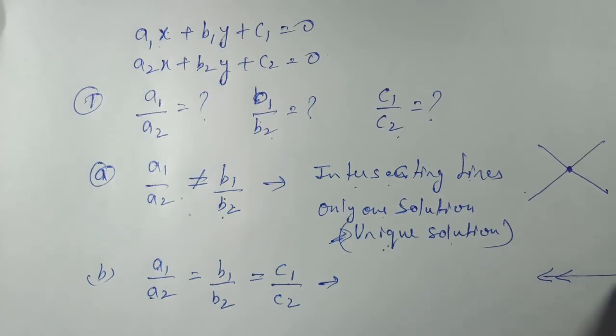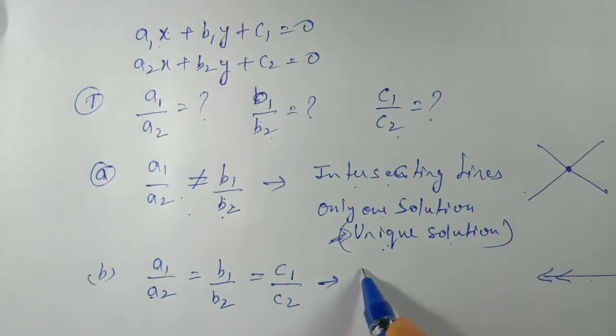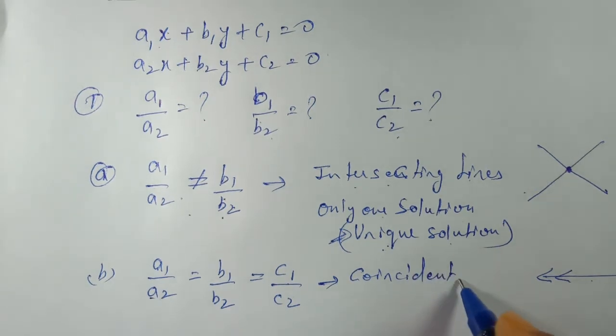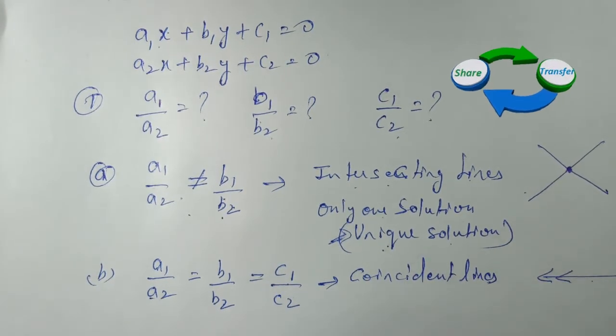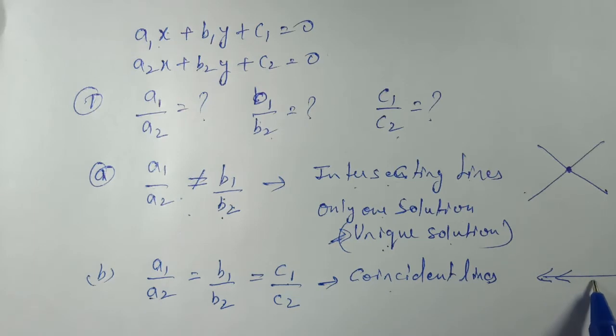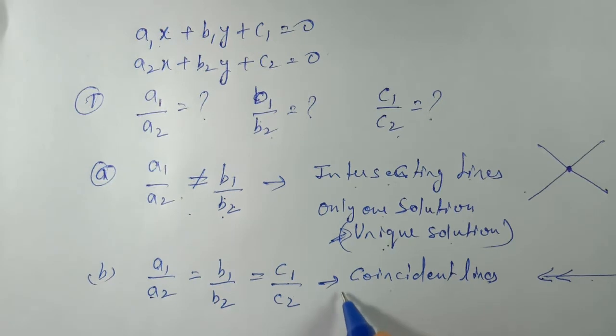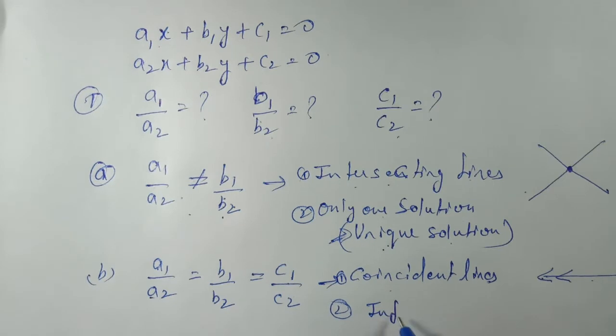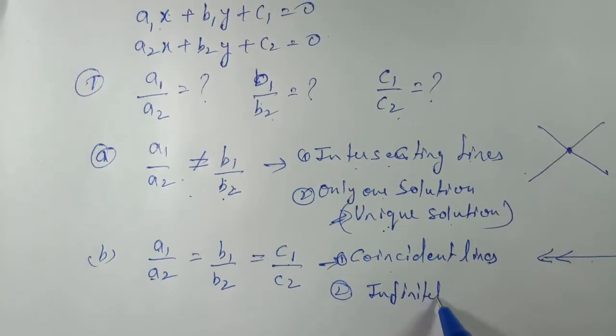It means they will overlap each other when we draw the graph. Coincident lines means overlapping lines. And when lines are overlapping, they have many points common to them. So how many solutions will there be? Infinitely many solutions.